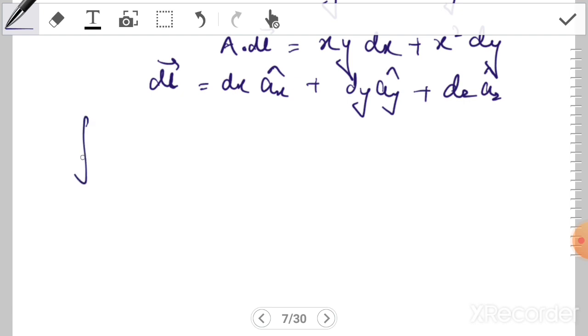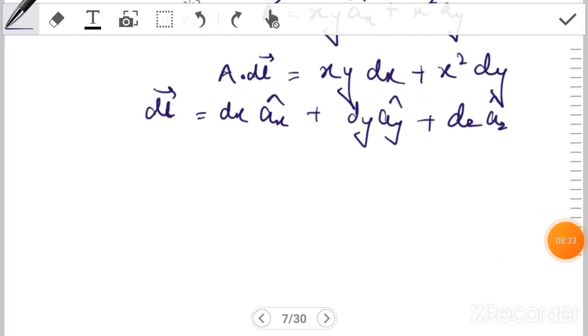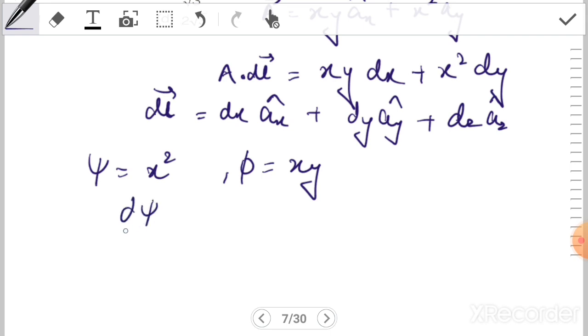Now using Green's theorem, we have psi as x square and phi as xy. So d psi by dx is 2x and del phi by del y is x.